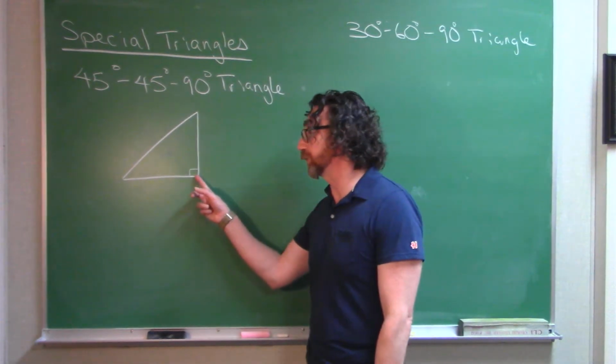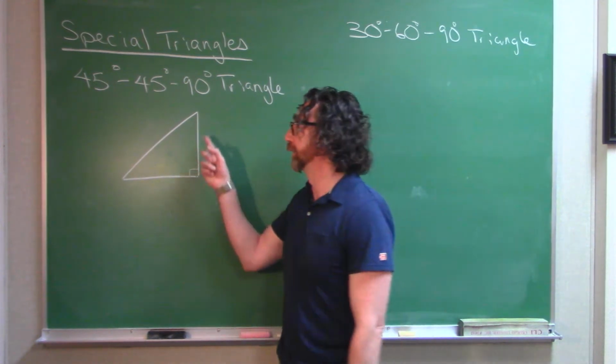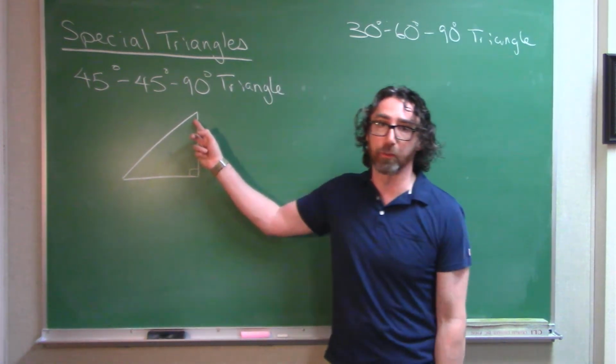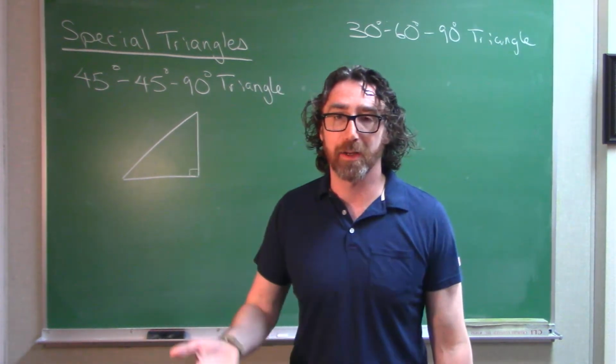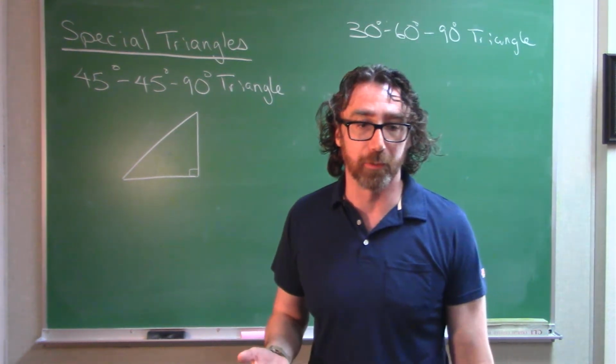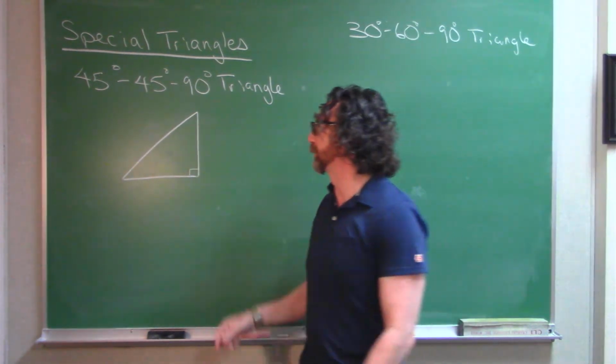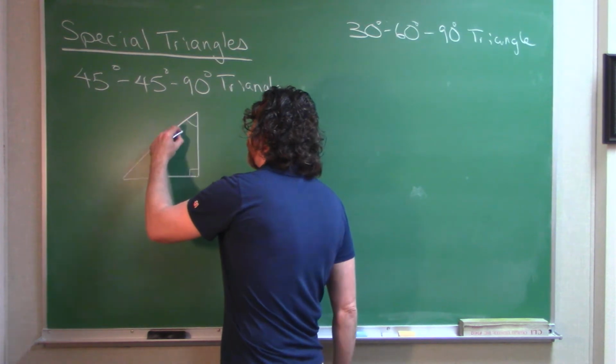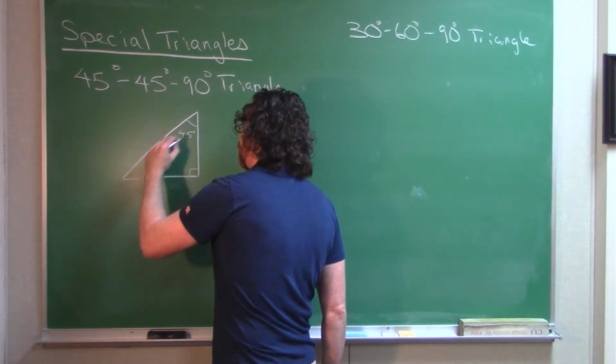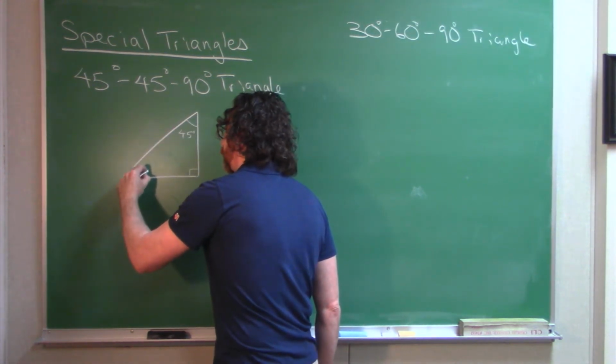So if this one is already 90 degrees, then these two other angles must add up to 90 degrees. In other words, these two angles must be complementary. So one possibility is that each of these is 45 degrees.